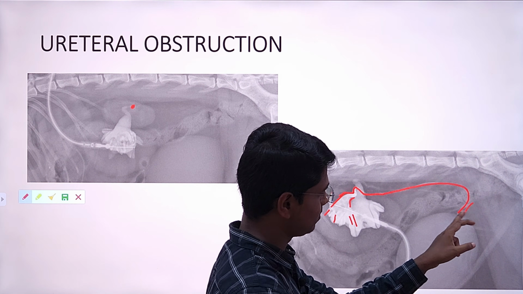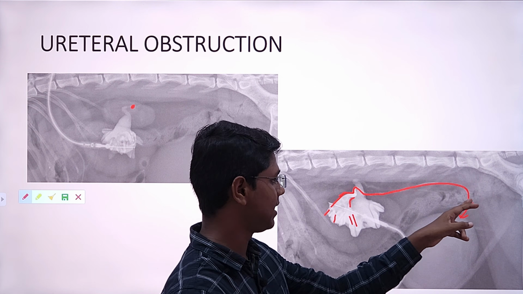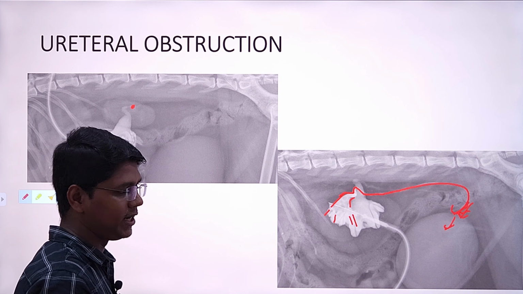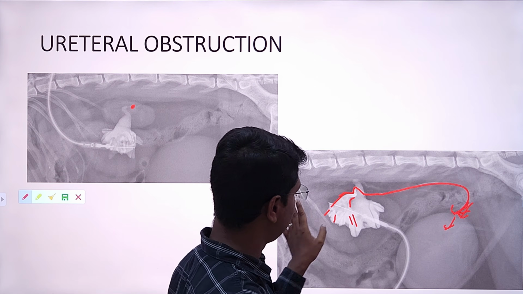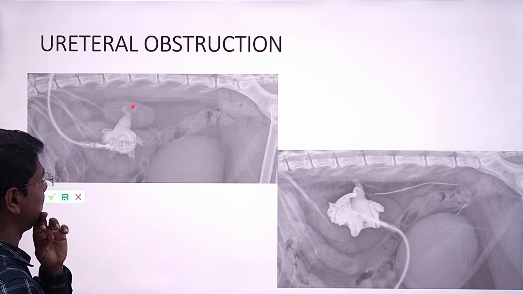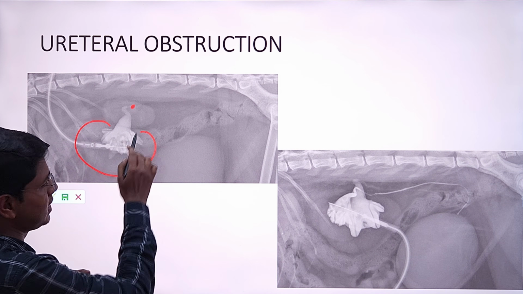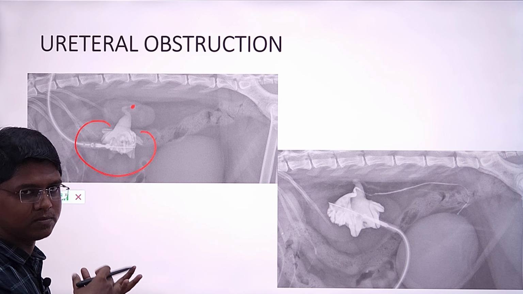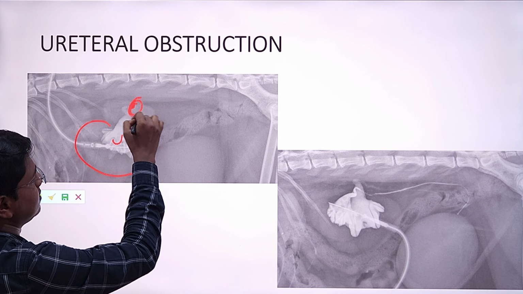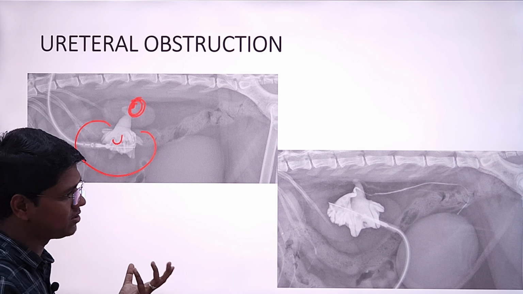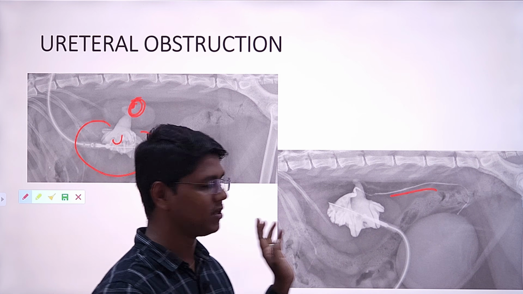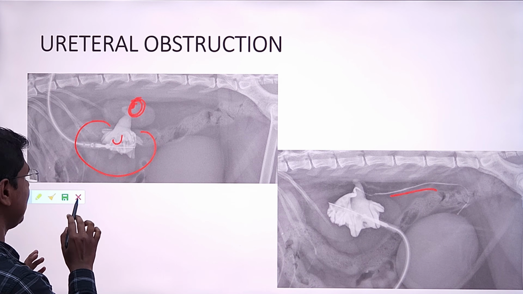In the cranial direction they will bend, and then it goes into the bladder. It means that the left ureter is intact, while the right kidney is also enlarged. There is some hydronephrosis or some pathology in this kidney, and due to this ureter blockage, technically this is known as filling defect of ureter. So you can see here clearly, this is basically the ureteral obstruction.